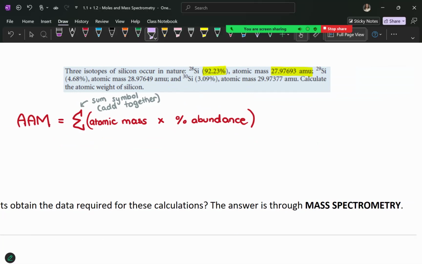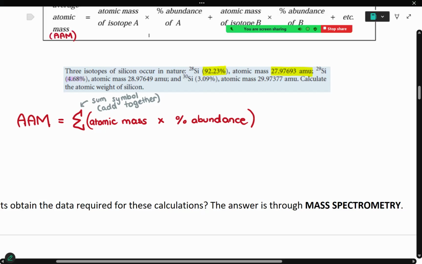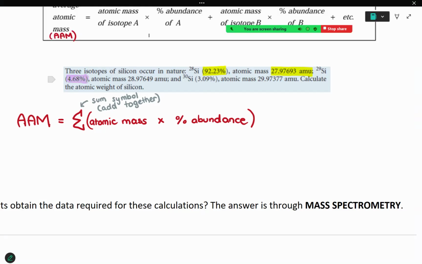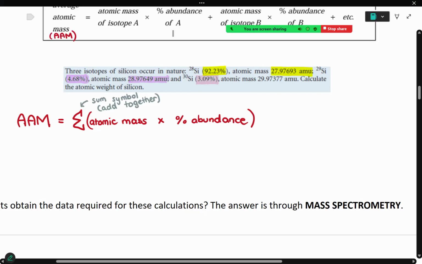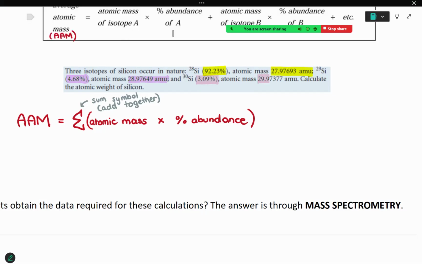We see that we have silicon 29 at 4.68% with a mass of 28.97649. And we have one more, the pink one, at 3.09% and a mass of 29.97377. So those are your three different varieties.